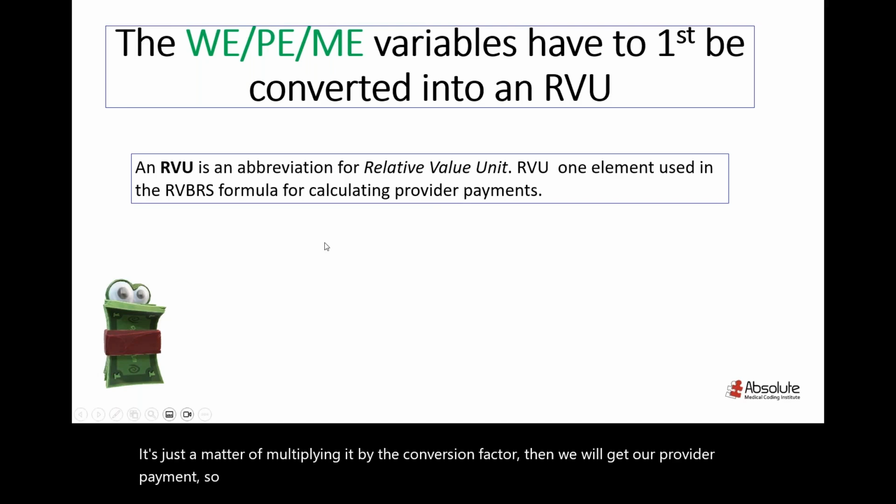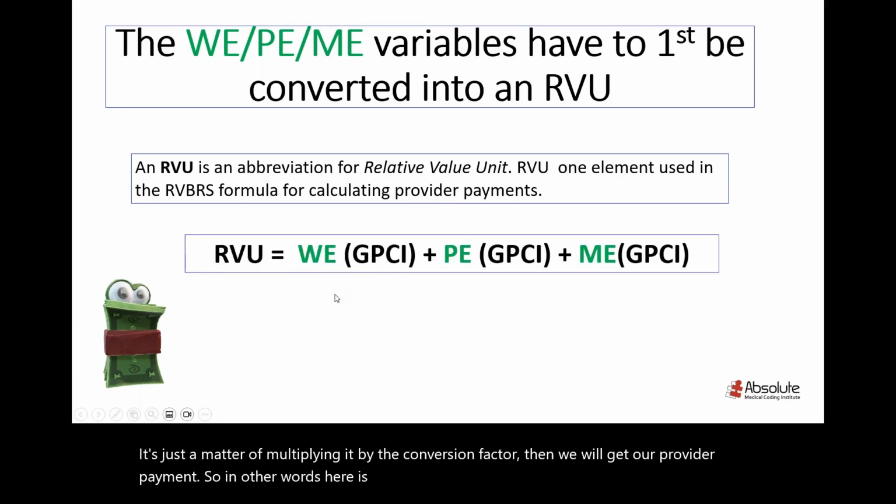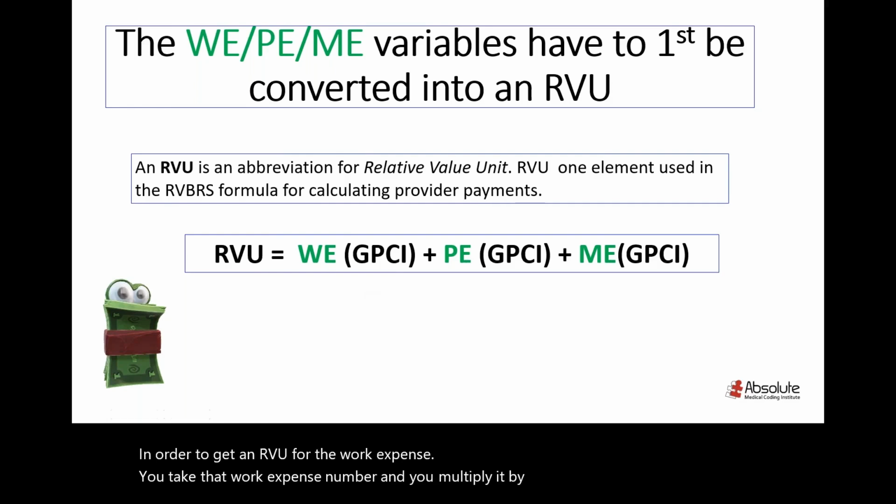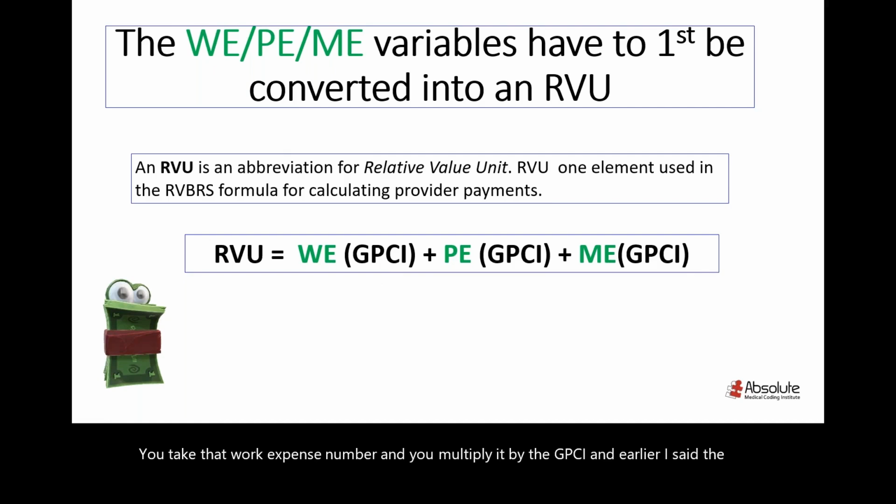So in other words, here is the formula to obtain an RVU. In order to get an RVU for the work expense, you take that work expense number and you multiply it by the GPCI. And earlier I said the GPCI is the Geographic Practice Cost Index.